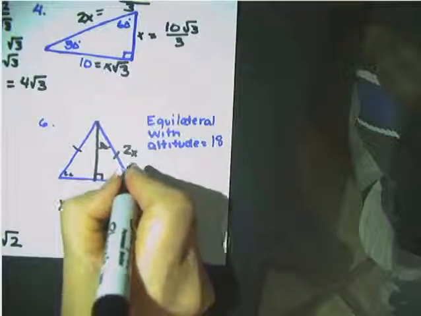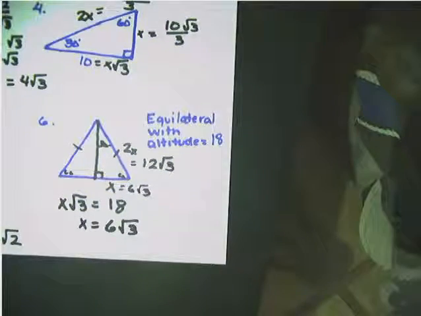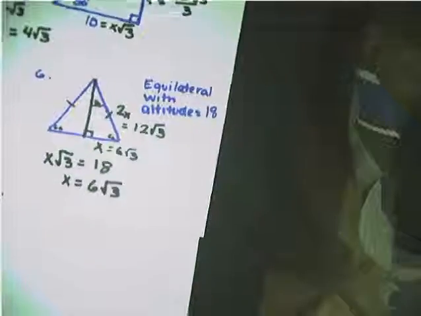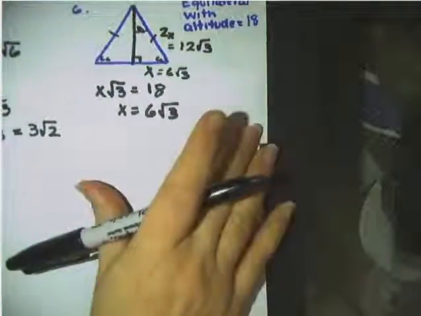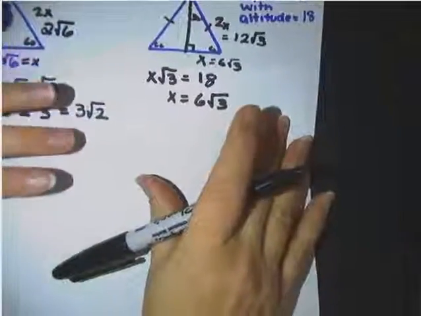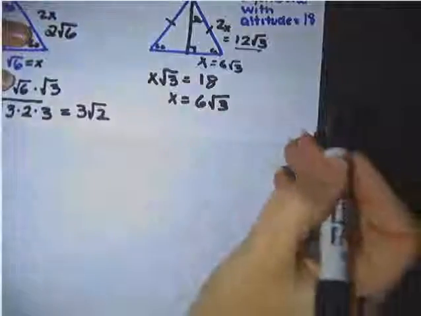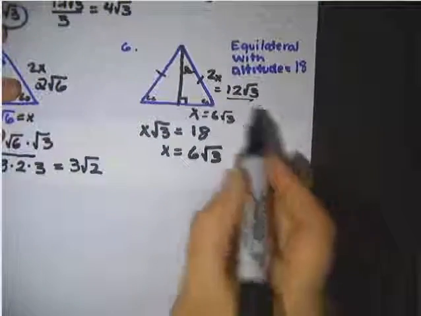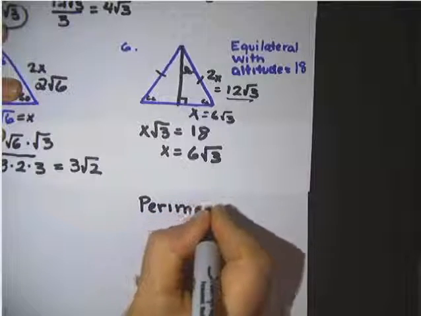Now again, often you're asked for the perimeter of a whole equilateral triangle given an altitude. So we'll move down here. If each side of the triangle was 12 root 3, and we want the perimeter of a triangle with 3 equal sides, we'd have 3 times the side.